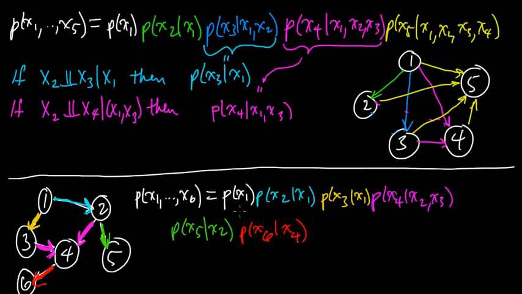You still have to say what p of x1 is and what p of x2 given x1 is for all the possible values of x2 and x1, and so on. So this doesn't define a probability distribution, but it characterizes certain properties that the distribution must have, because not every distribution is going to be able to factor in this way.